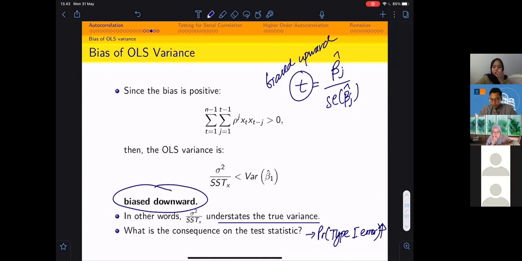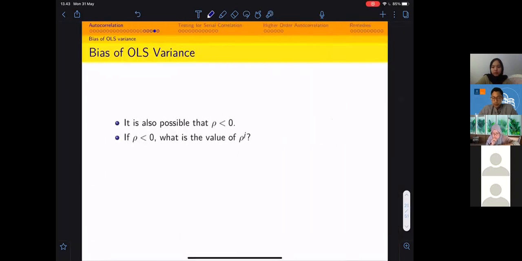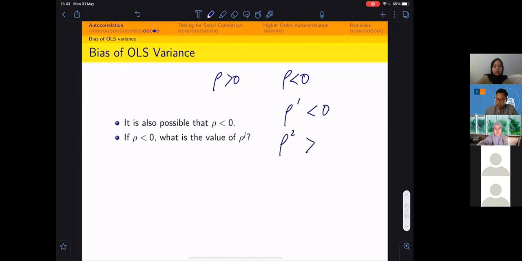All right. So the next case: earlier we assumed that rho is positive, but it could also be the case that rho is negative. If rho is negative, then recall that rho to the power of 1 is negative, rho to the power of 2 is positive, rho to the power of 3 is negative, and so on.